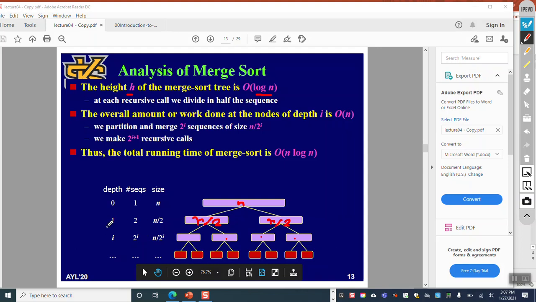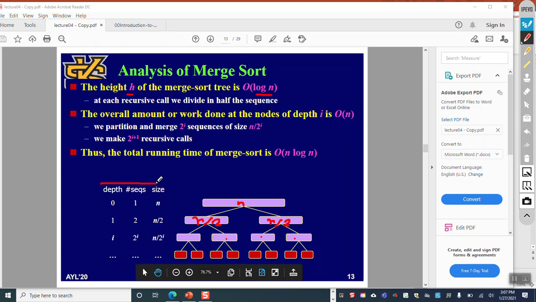So for depth i, the number of sequences will be 2 to the power i, and the size will be n divided by 2 to the power i. But the total every time will be n.